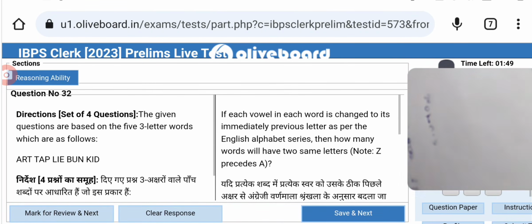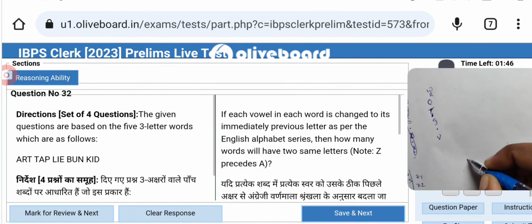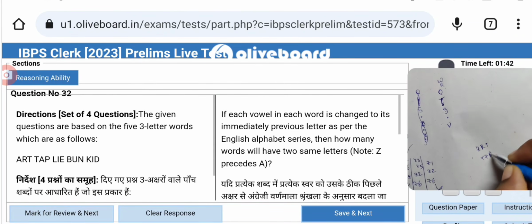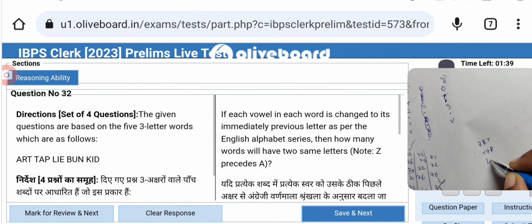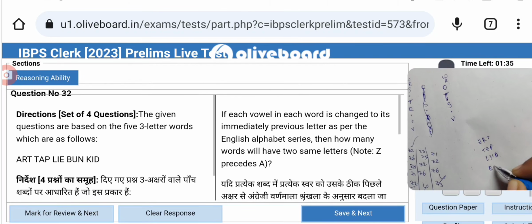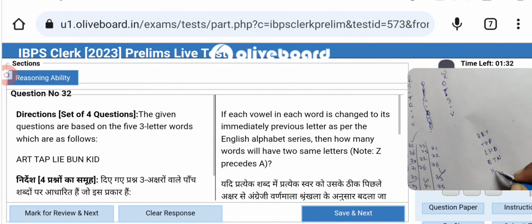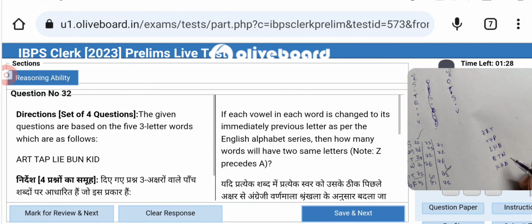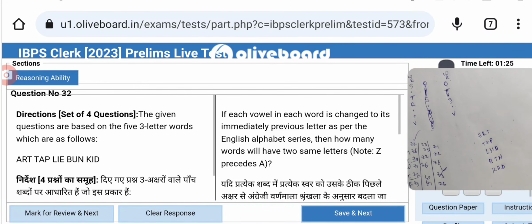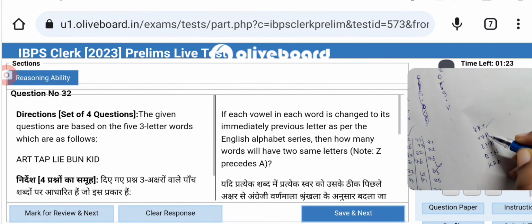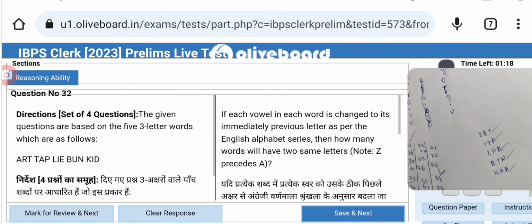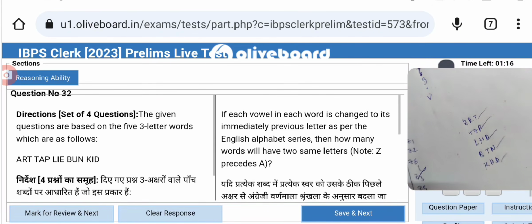Each vowel in each word is changed to the immediately previous letter. ZRT, TZP, HD, TN, HD.